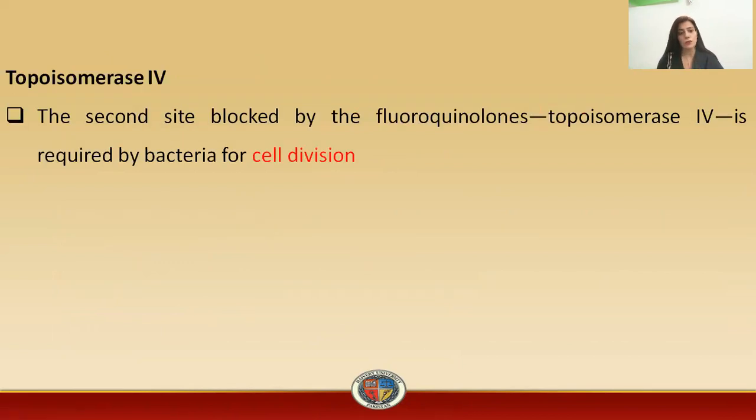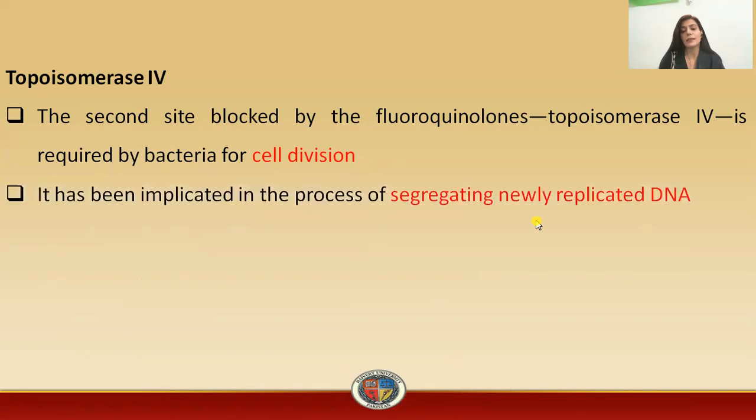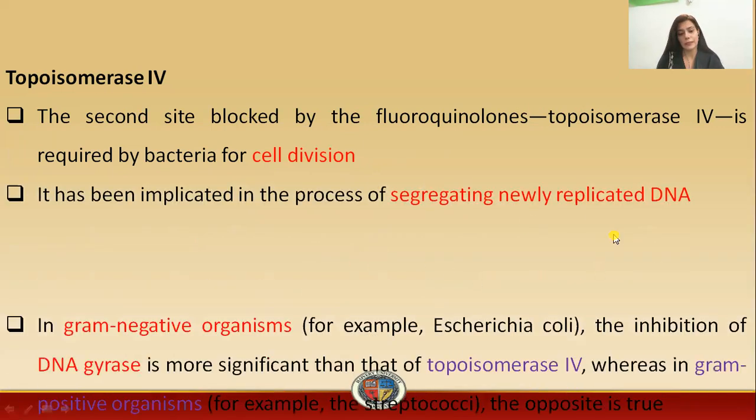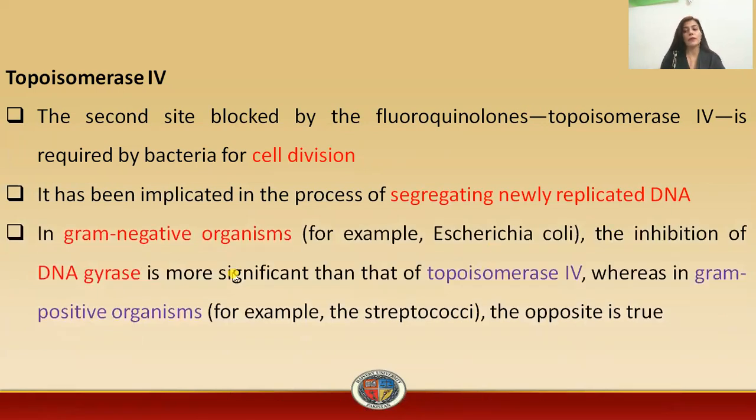Now, what is the function of topoisomerase 4? As I have already discussed, this is responsible for the DNA division, the segregation or separation of the newly replicated DNA. Now, what is happening in the gram-negative organisms, for example, in E. coli?